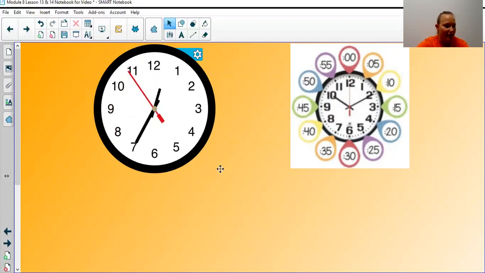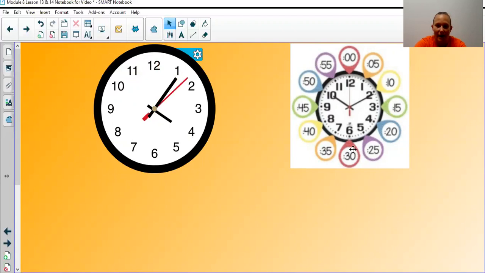So now let's practice telling some time. I'm going to set this clock, the hour hand, remember the shorter hand, on the 4. I'm going to put the minute hand on the 1. So you can see here, the hour hand's at 4, and my minute hand is on the 1.